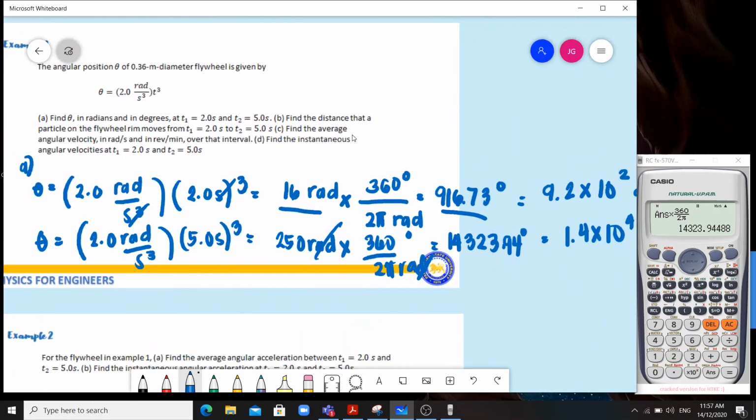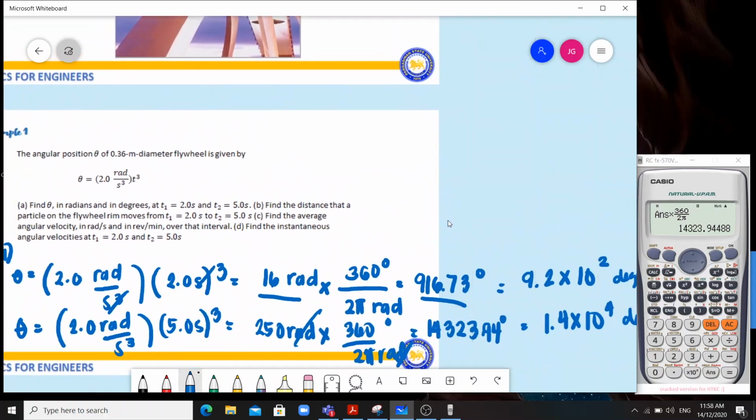Letter B: find the distance that a particle on the flywheel rim moves from t1 to t2. What is the distance traveled from 2 seconds to 5 seconds?